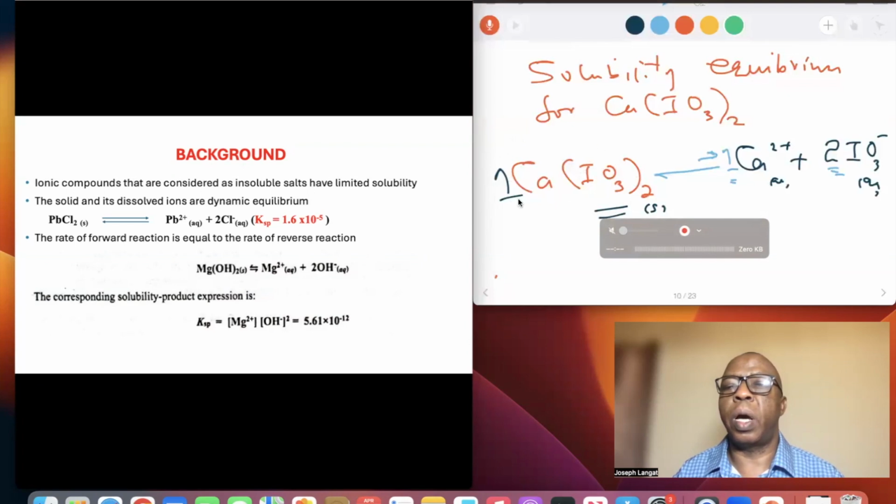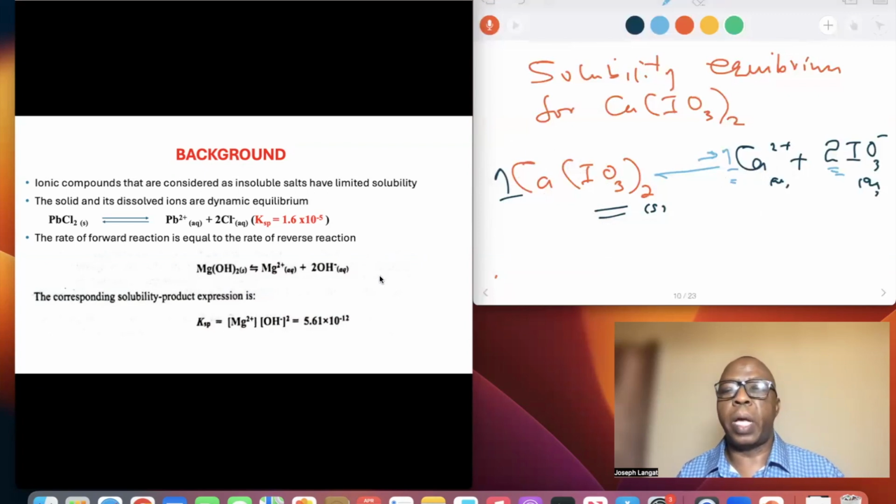The insoluble ionic compound whose Ksp you will determine is calcium iodide, and the mole ratio here is 1 to 1 to 2. For every 1 mole of calcium iodide that dissolves, 1 mole of calcium is produced. From this slide, how do you determine the molar solubility? You pick the ion whose ratio is 1 to 1 with the insoluble ionic compound.